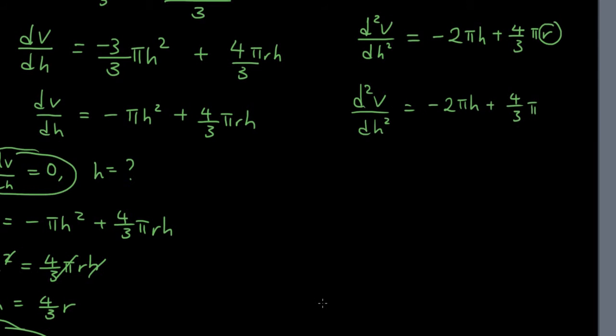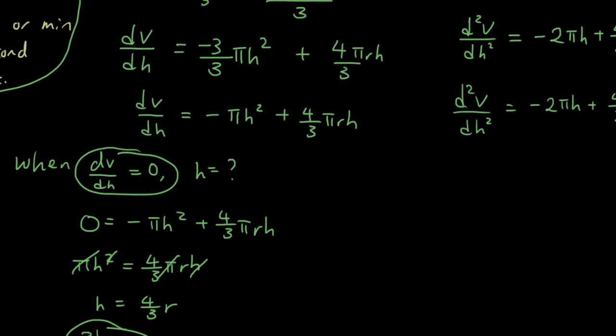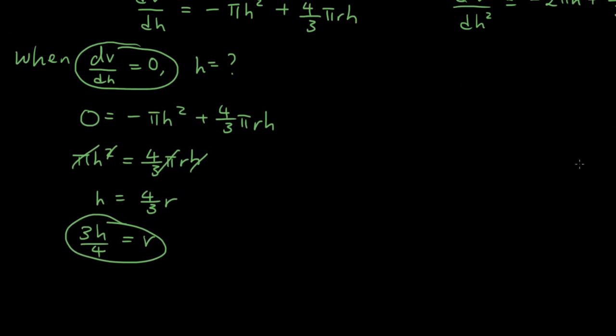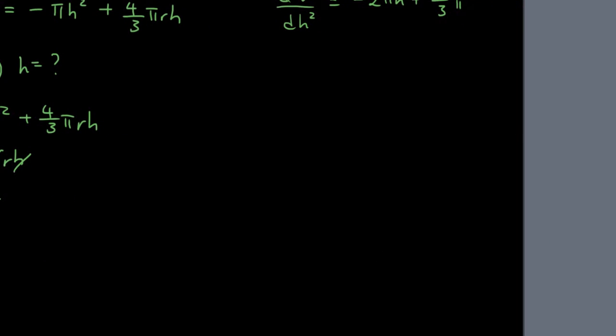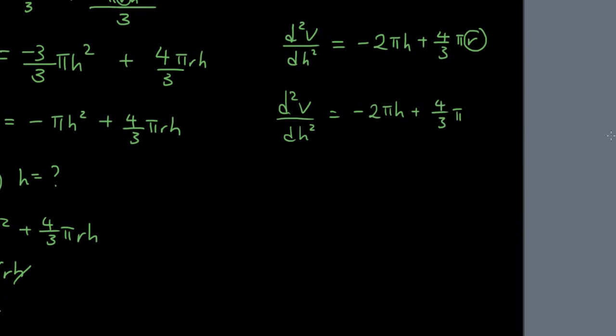Now the radius, if you guys remember, is 3h over 4. So let's put that in here, 3h over 4, and simplify. It's negative 2 pi h plus 4 over 3 times pi times 3 over 4 h.